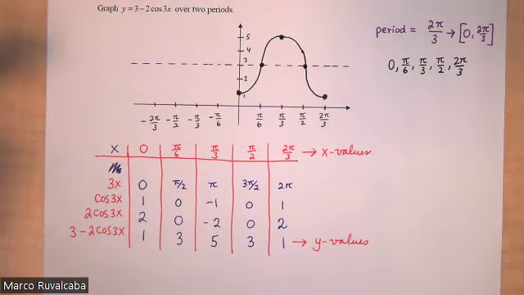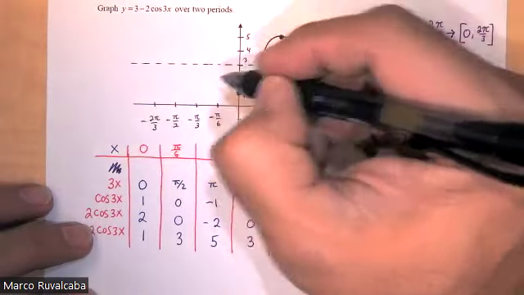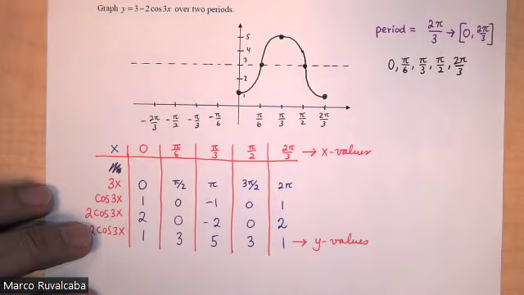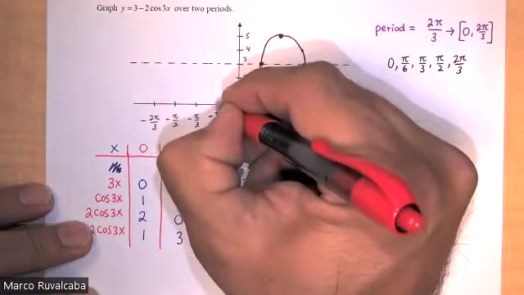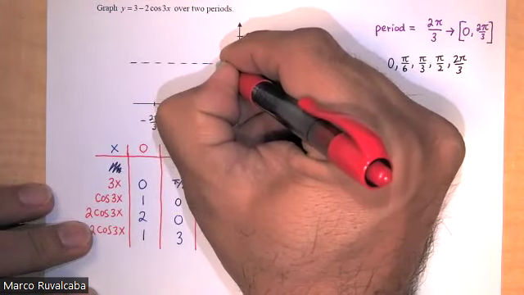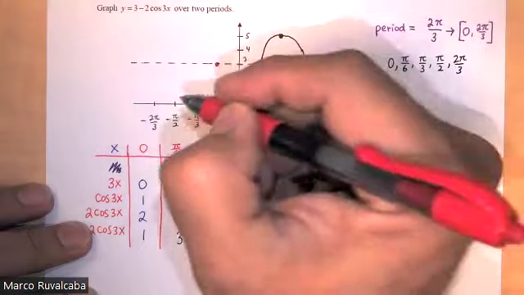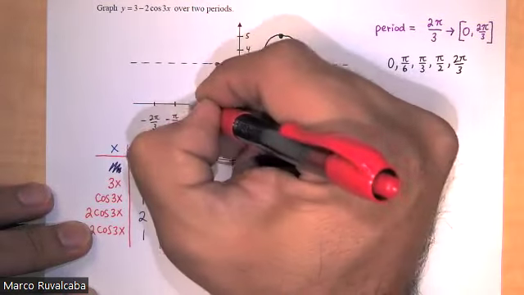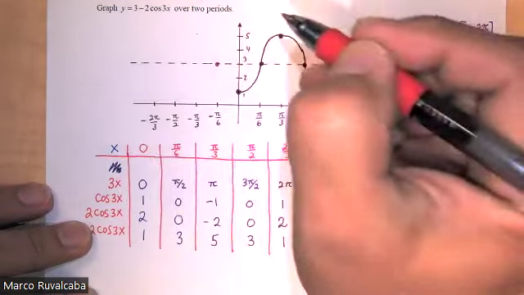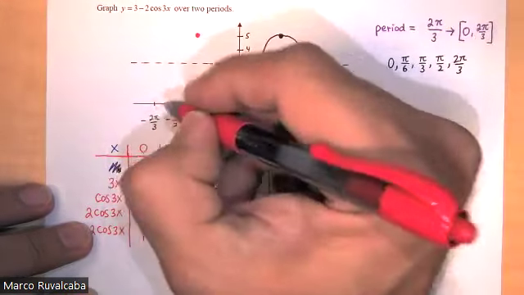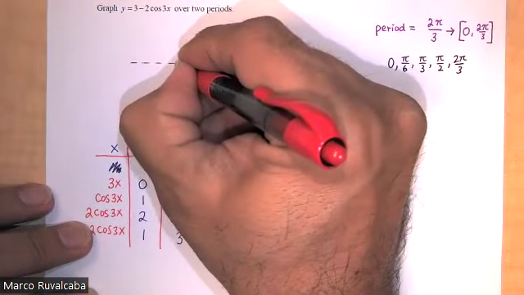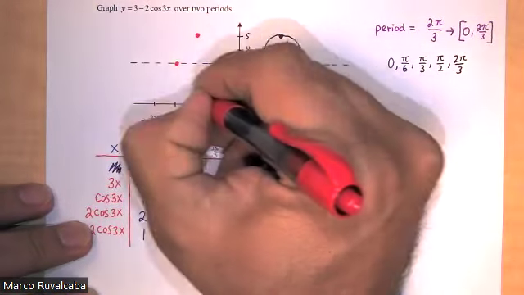And then since I want 2 periods, I just use the symmetry, right? Let me see if I can try it with a different color here. Let me see if the red works fine. So negative pi 6, 3, negative pi thirds, 5, negative pi halves, 3, and then negative 2 pi thirds, 1.